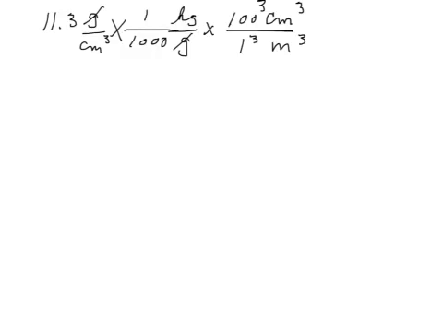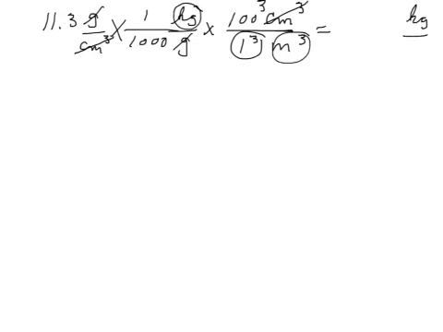Of course, 1 cubed is just 1, but 100 cubed is 10 to the 6th, or 1 million. And now the centimeters cubed divided by centimeters cubed cancels. Actually, it gives us 1, which we don't write. And so we're left with the units we want: the only units remaining are the kilograms and the meters cubed.